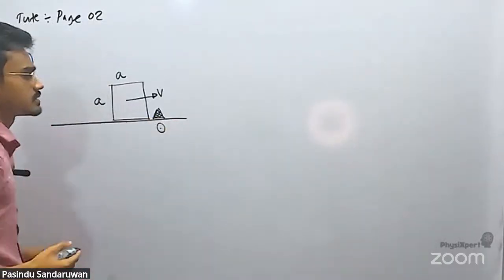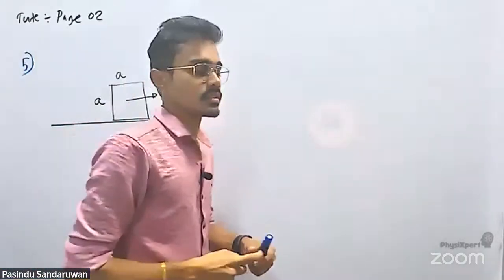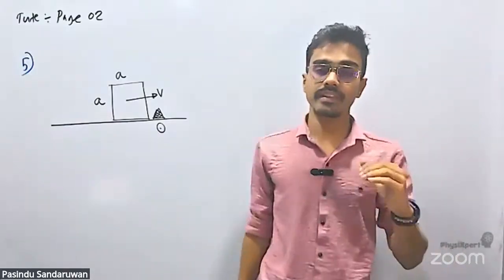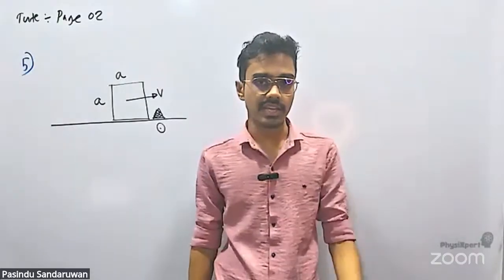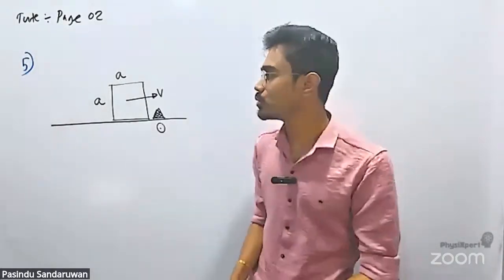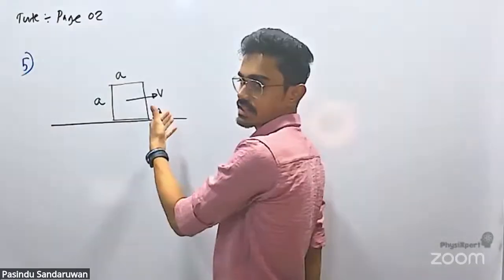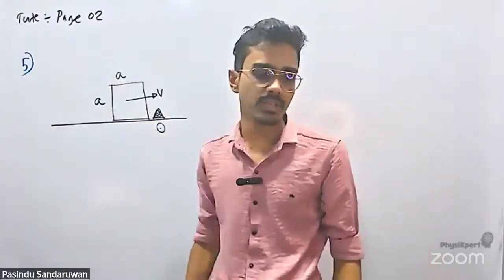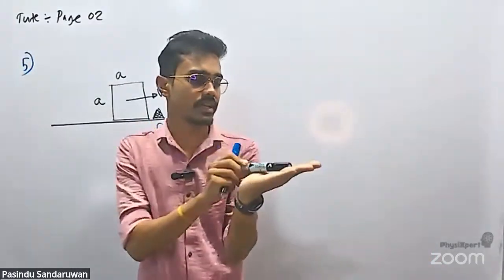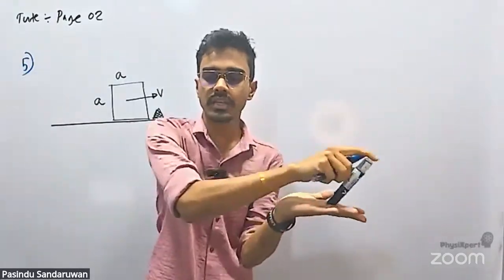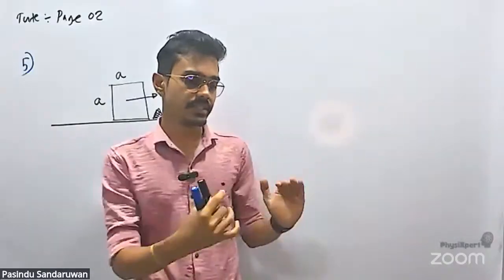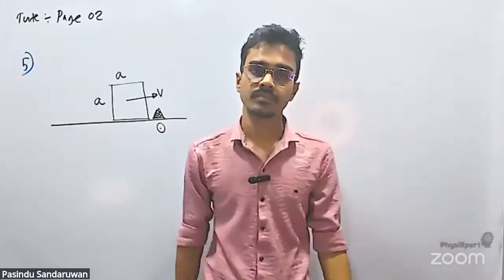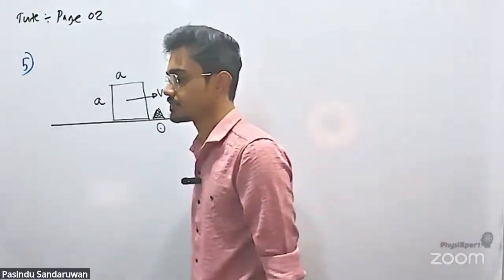Anyone? Since moment of inertia is given, it means it is going to do a rotational motion once it hits the obstacle, right? That's possible, no? Because when it hits the obstacle, it can rotate around the obstacle. That's why moment of inertia around the obstacle is given.